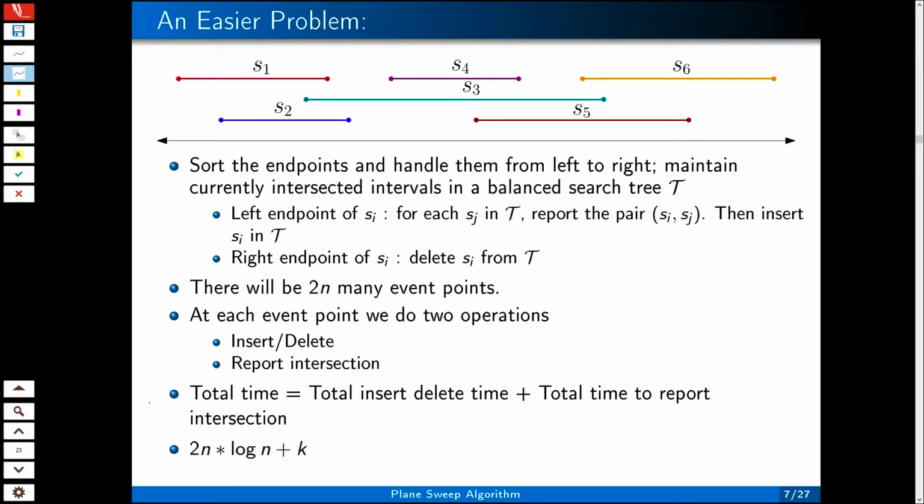So what we have done: we have a set of numbers, and we want to look for a number in log n time. What do we do? A balanced binary search tree, which supports insert, delete and query in log n time.